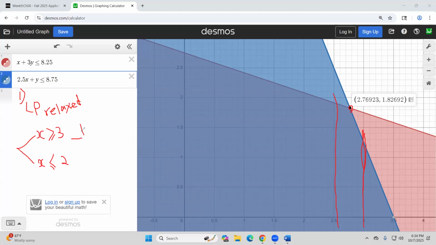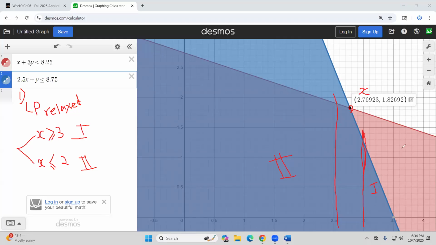So this is going to be number one, right? This is the feasible area of number one, and this is the feasible area of number two, right? Does it make sense so far? So I solved it and then I break down based on the value of X that you see here.